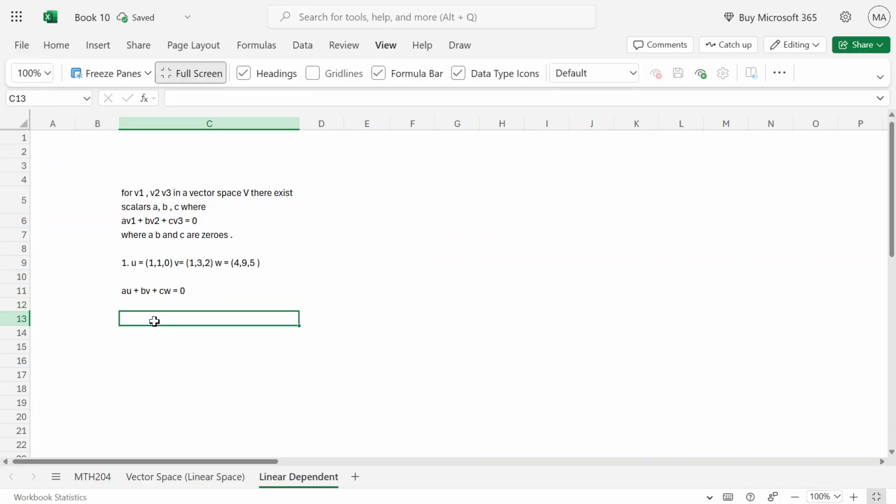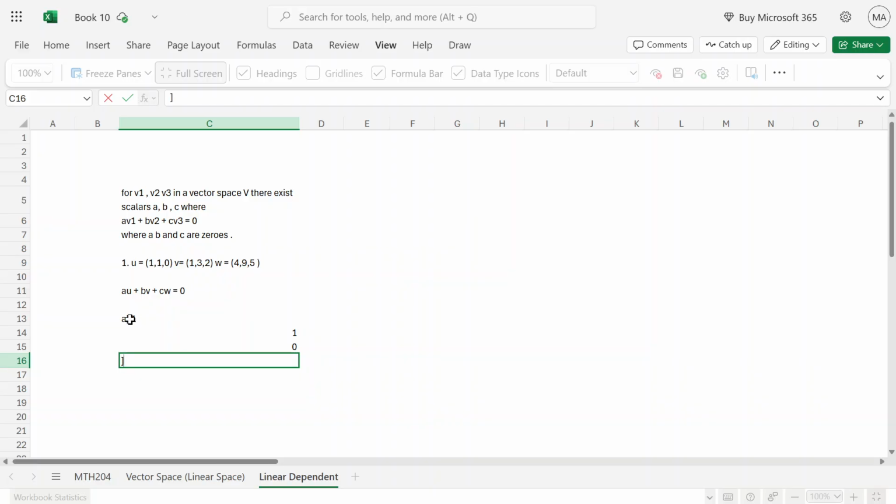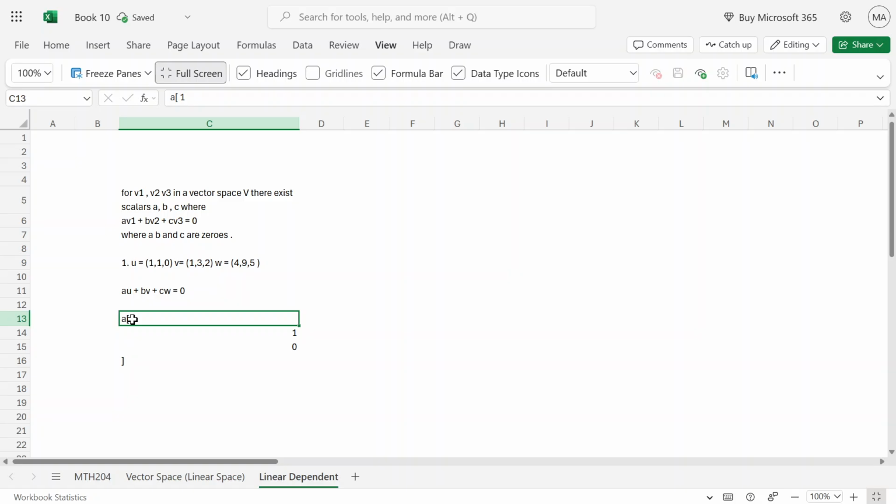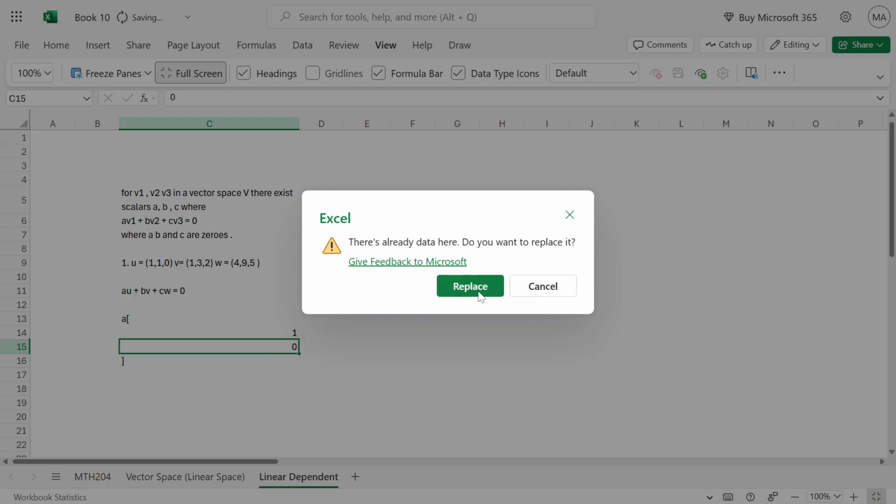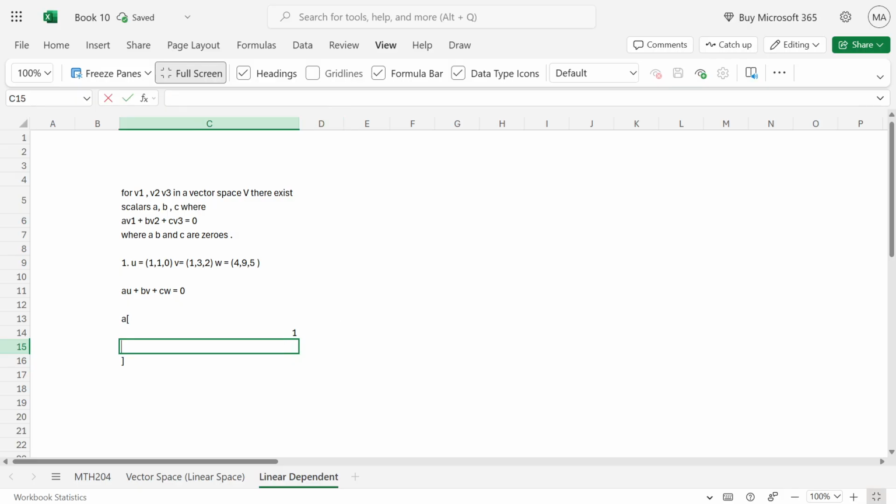One thing you do is say a times (1, 1, 0), then close this.